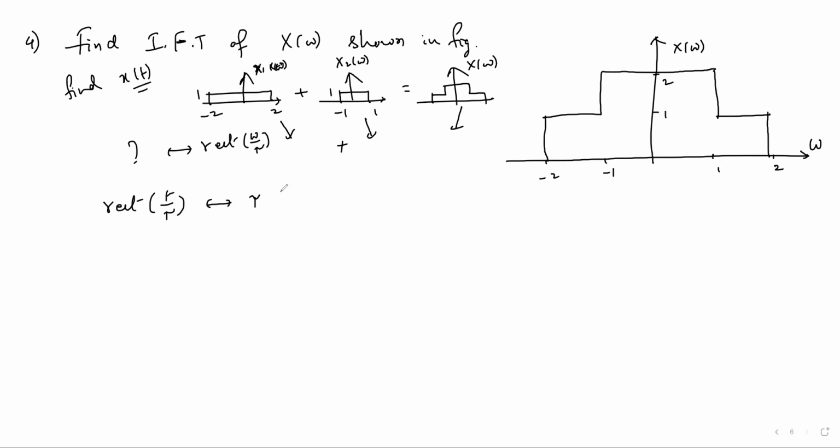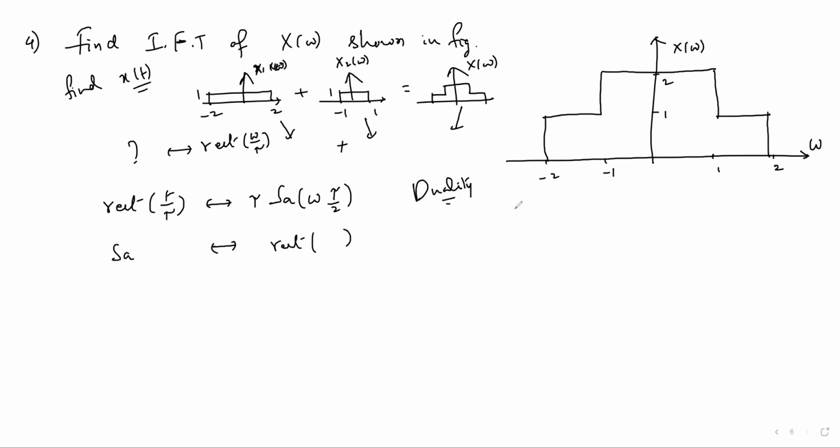It is tau times sampling function of omega tau by 2, if you recall. Now what we need is the inverse Fourier transform of the rectangular function. That means the rectangular function should be on this side, and correspondingly, according to the duality property, the sampling function should go to that side.